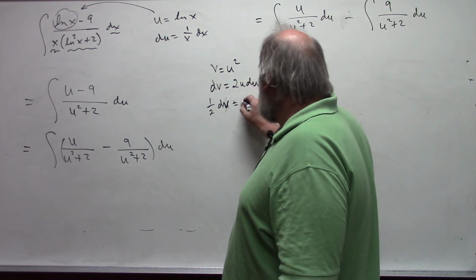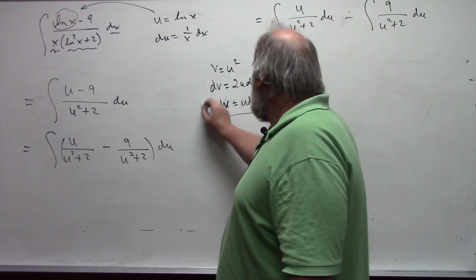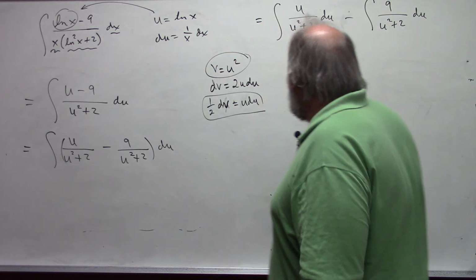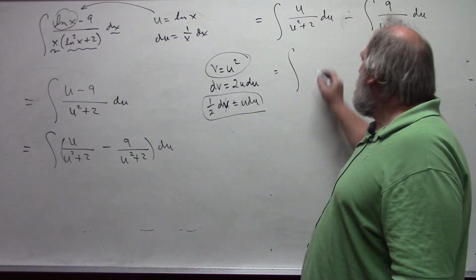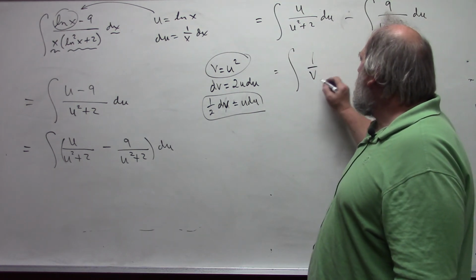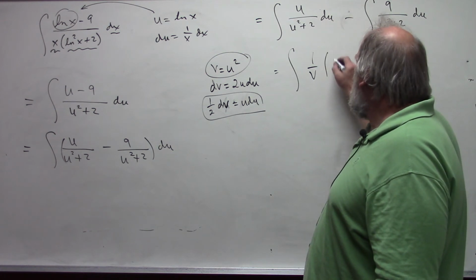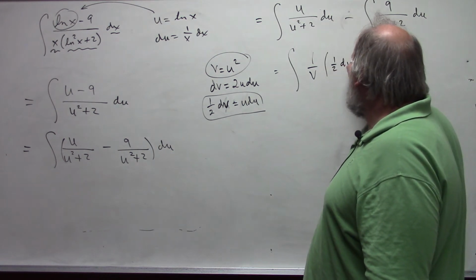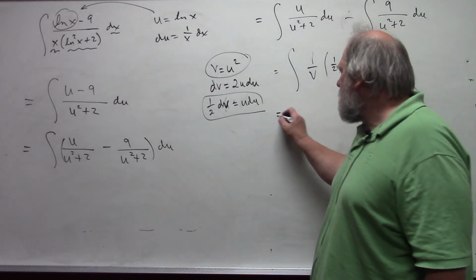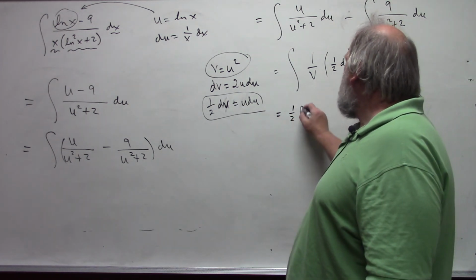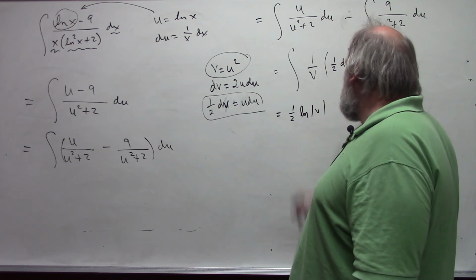Well, I wish I could write. This becomes then 1 over v times 1/2 dv. I'll go ahead and finish this piece. 1/2 natural log absolute value of v.